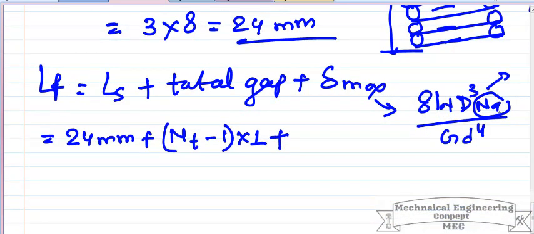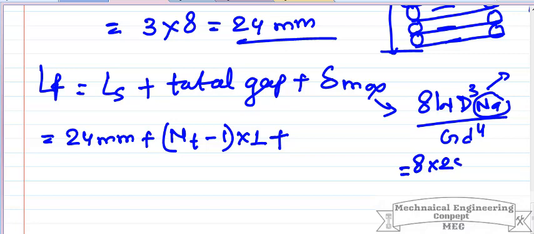So if I put this value 6 here, then delta maximum will change. If I increase the number of coils from 5.65 to 6, then deflection can also increase by some amount. So due to that, I need to calculate the value of delta.